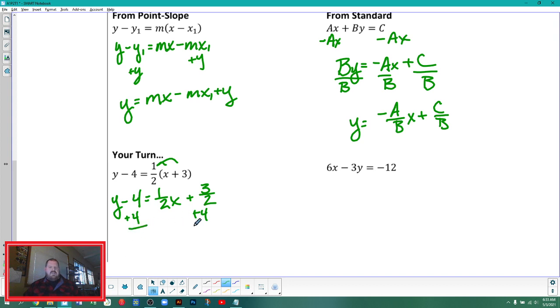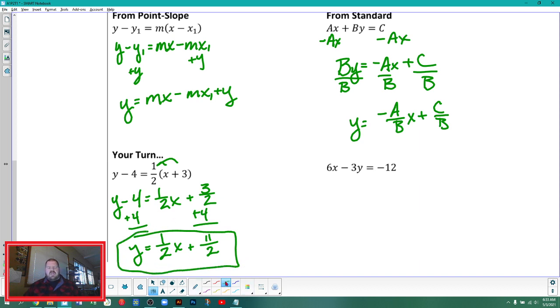So I get y equals 1/2 x, and then I'll just think about that as 8/2. 4 is 8/2. So we get 3 plus 8, which is 11 halves. Not an awesome equation, but not terrible.